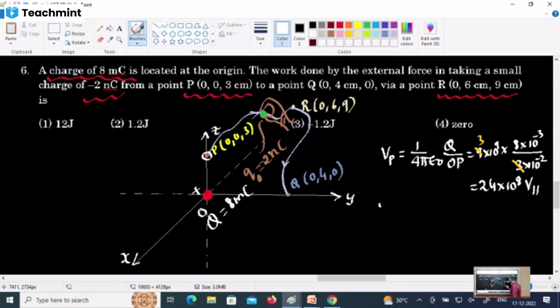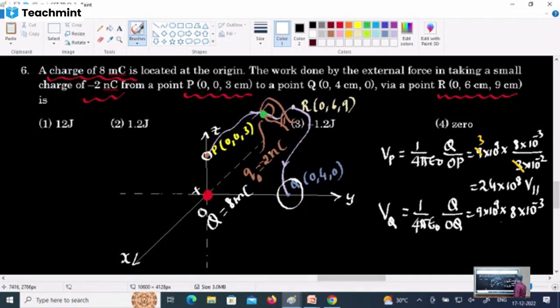And what is the potential at Q? That is 1 divided by 4 pi epsilon naught, Q divided by OQ, which is 9 into 10 to 9 times 8 into 10 to minus 3 divided by the distance from O to Q, which is 4 centimeters, so 4 times 10 to minus 2. So you get 18 into 10 to the power of 8 volt.